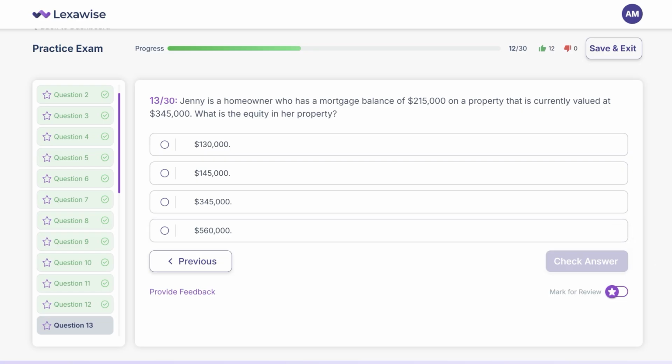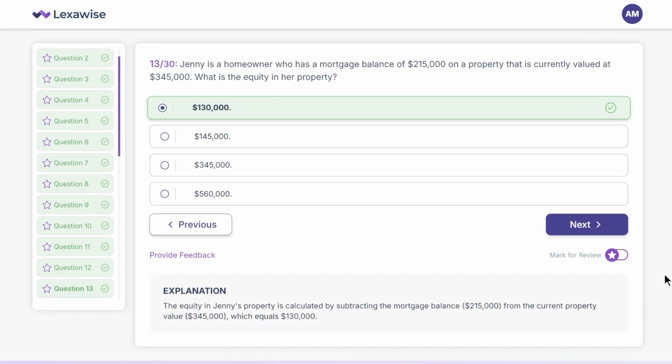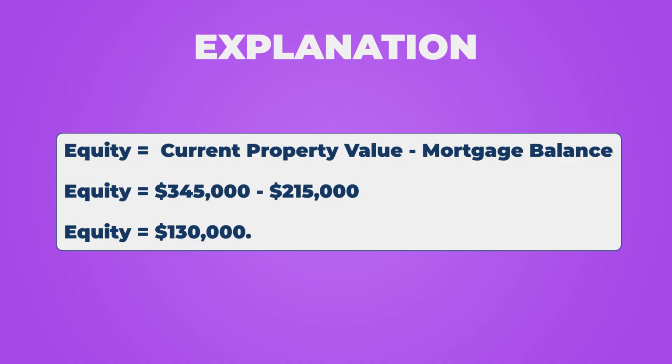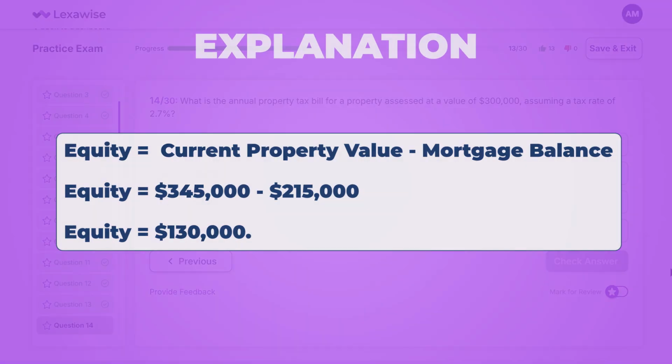Think about it. The correct answer is A. $130,000. The equity in Jenny's property is calculated by subtracting the mortgage balance, $215,000, from the current property value, $345,000, which equals $130,000. Let's look at a tax-related question now.